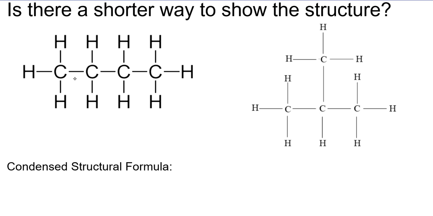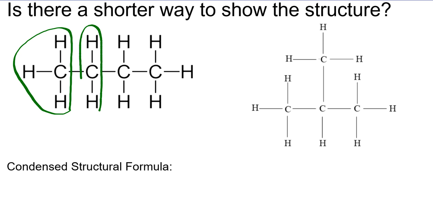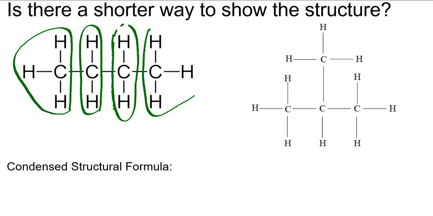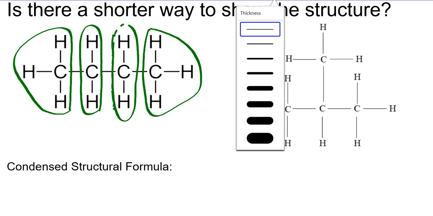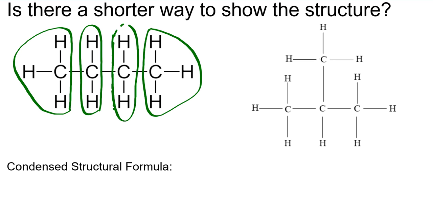So I have this carbon here, and yes, it's attached to the next one, but I kind of have like this group going on here. So then I go to my next carbon, and I've got this group here, and then I got another group, and then another cluster here. So for my condensed structural formula, I go ahead and list every single one of these clusters.